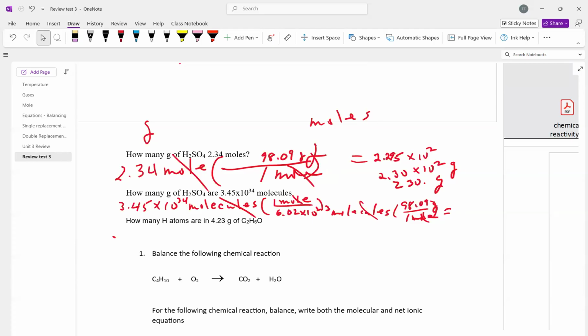And we have 3 sig figs as the answer. So it's going to be 5.62 times 10 to the 12th. Big number. That's 1,000 billion grams.